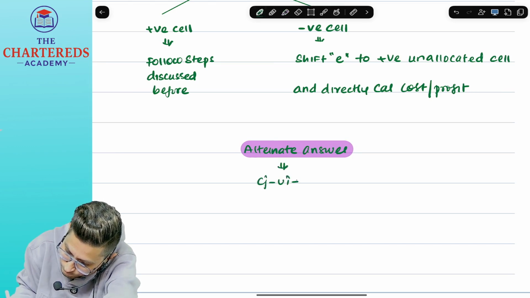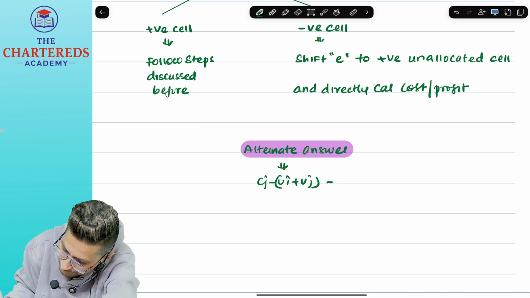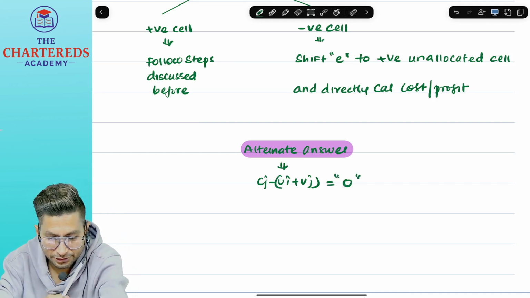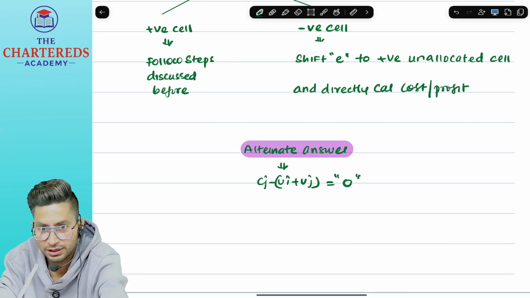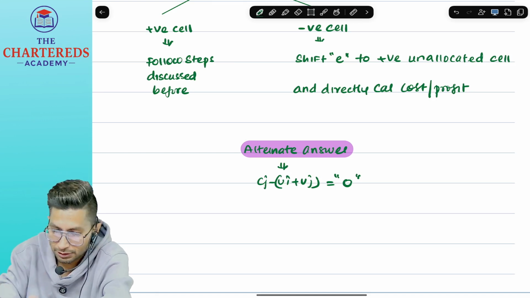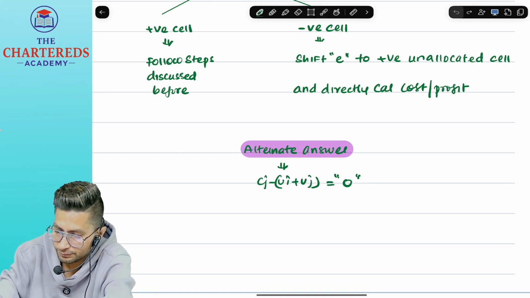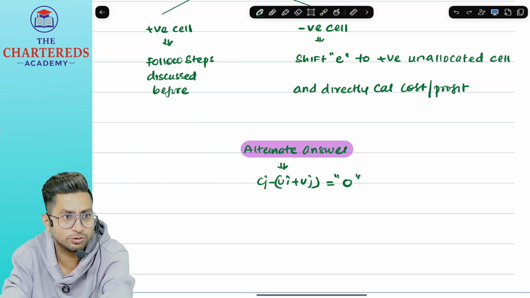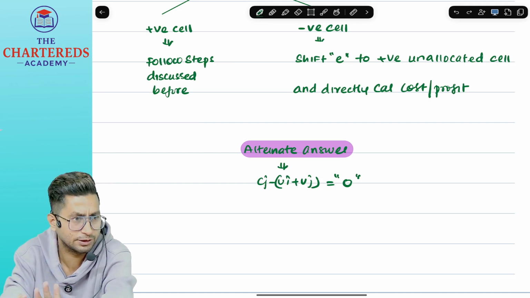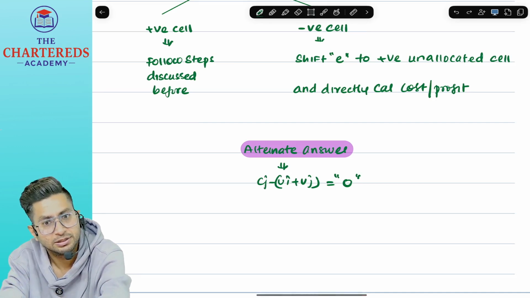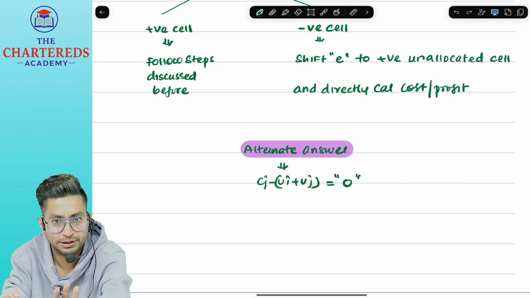If there is a 0 in the Cj minus Ui plus Vj values, it means an alternative answer is there. Now, your alternate answer and your actual answer both will be the same. For example, normally you got 1000 rupees cost. The alternate answer also you will get 1000 rupees cost. They will not be different.